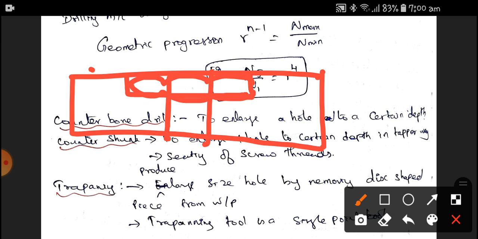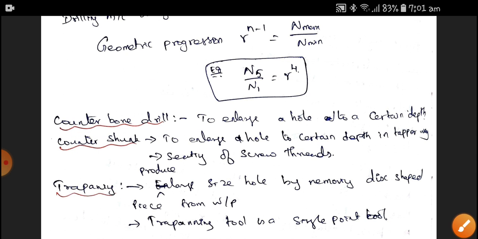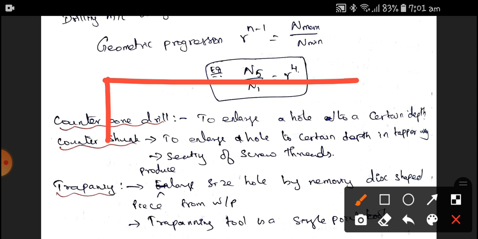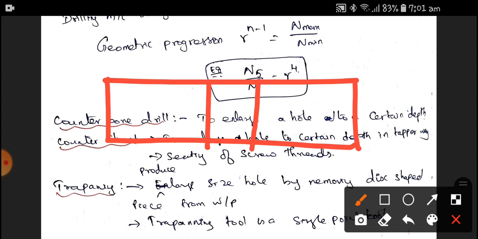So this is called counter boring. And the countersink is, if this is our workpiece and this is our drill, we are just tapering the head in order to get taper screw threads. If there is a screw thread, the screw head should be seated in this manner. Like that, the process of countersinking is used to enlarge the hole up to a certain depth in a taper way for seating of screws.